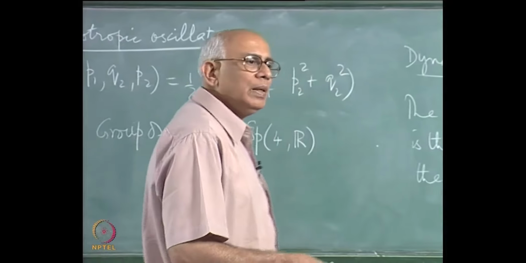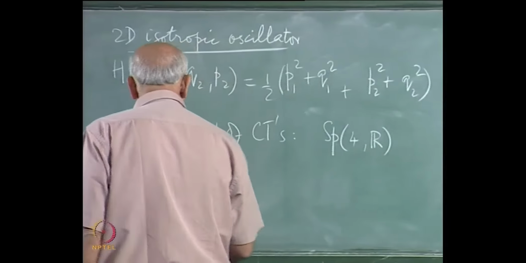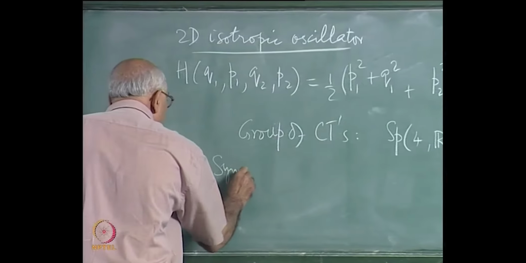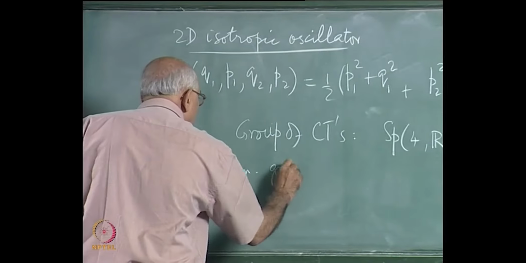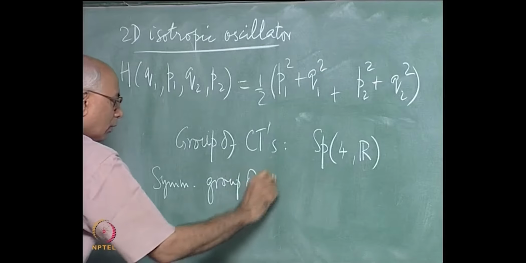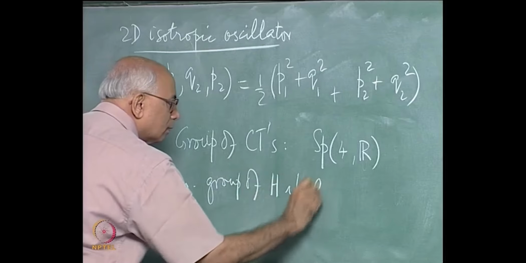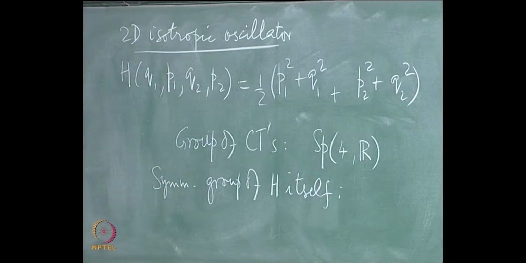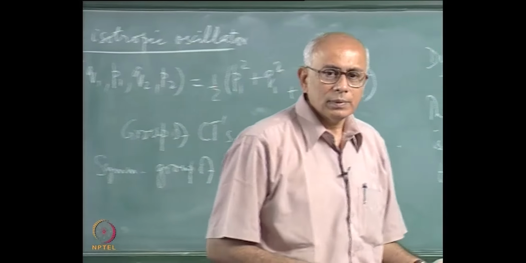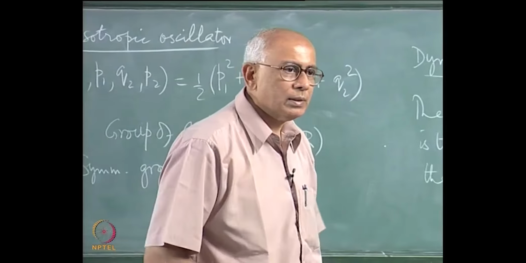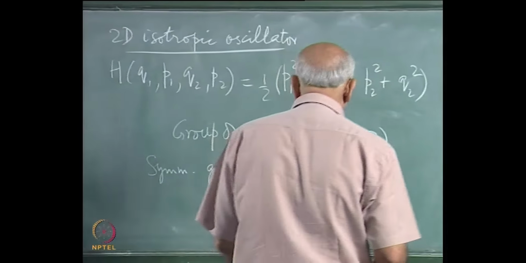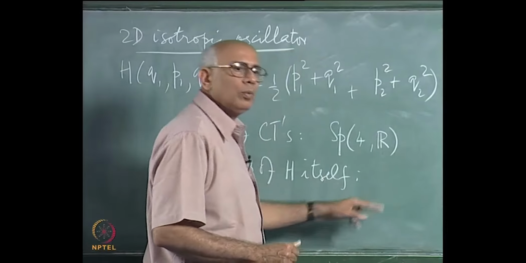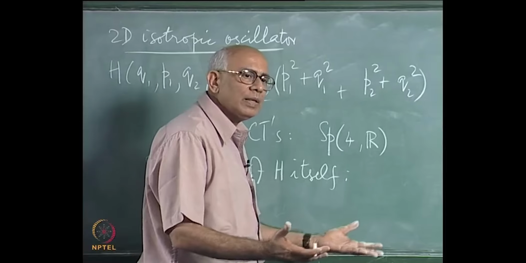What would that group be? The symmetry group of H itself. What would this group be? It is the group of rotations in 4 dimensions, 4 Euclidean dimensions. What would that group be? It is a group of 4 by 4 matrices, but what sort of matrices would these be?